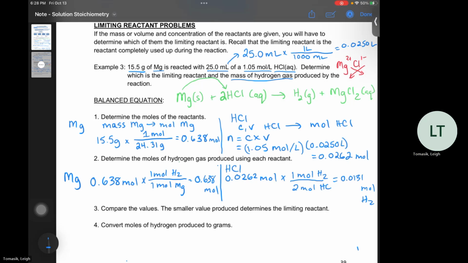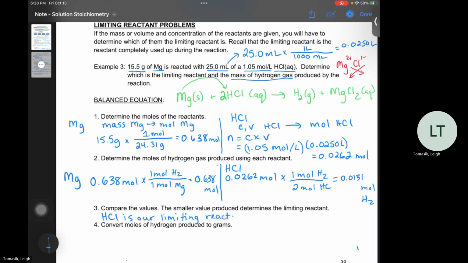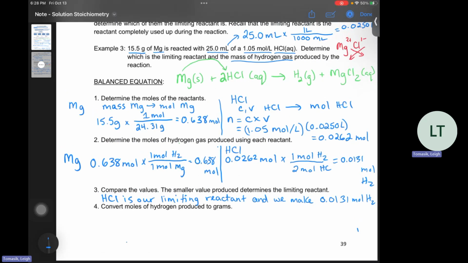Okay, compare. HCl is our limiting reactant because it produces less. And we make 0.0131 moles of H2. And then the last thing that we have to do is convert our moles of hydrogen produced into grams.